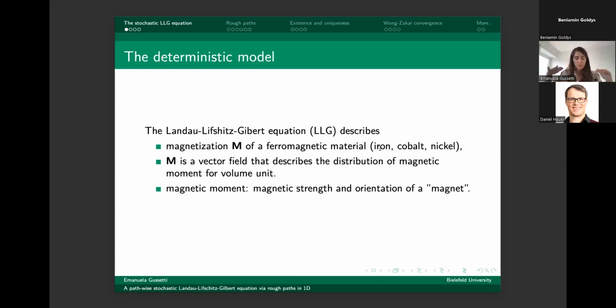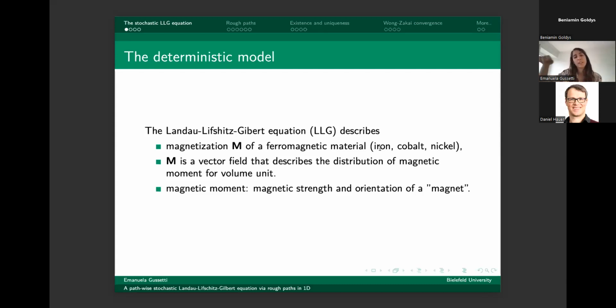At the mesoscopic level, we can look at atoms whose nuclei have different orientations, and this generates some magnetism with this discrepancy in the orientation.